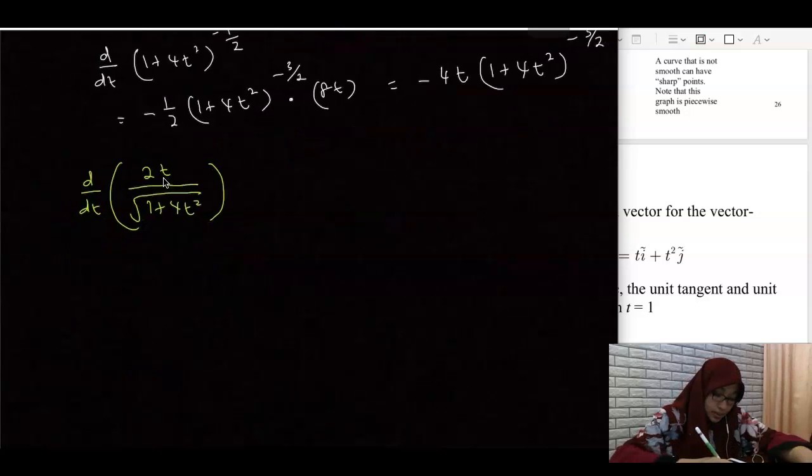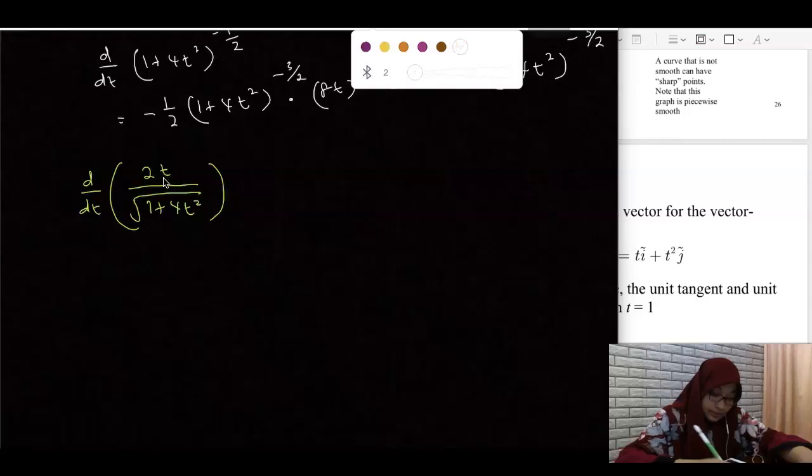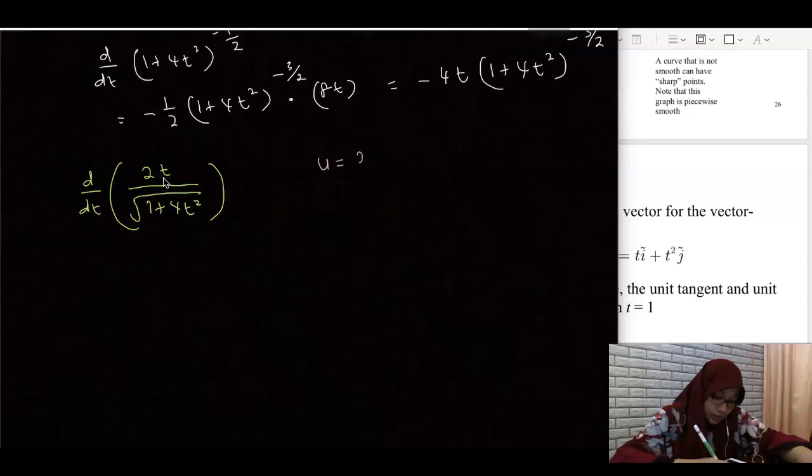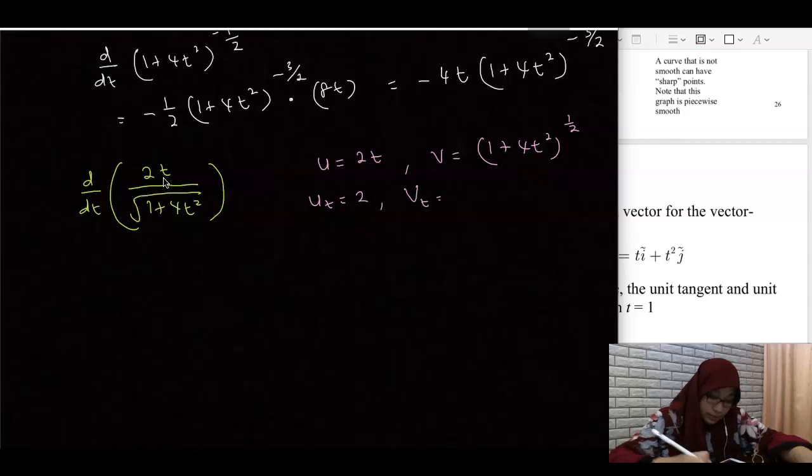So here we consider, let's say u is 2t, and v is (1 plus 4t squared) to the power of 1 over 2. So u_t is 2, v_t is 1 over 2, and we apply the quotient rule.